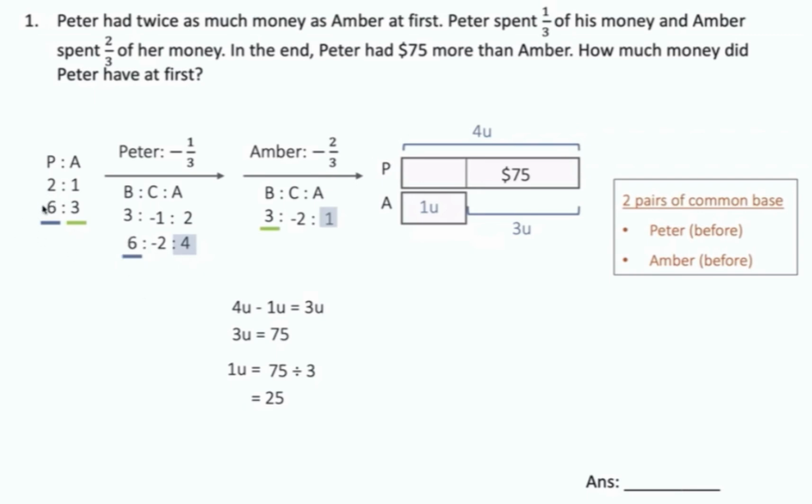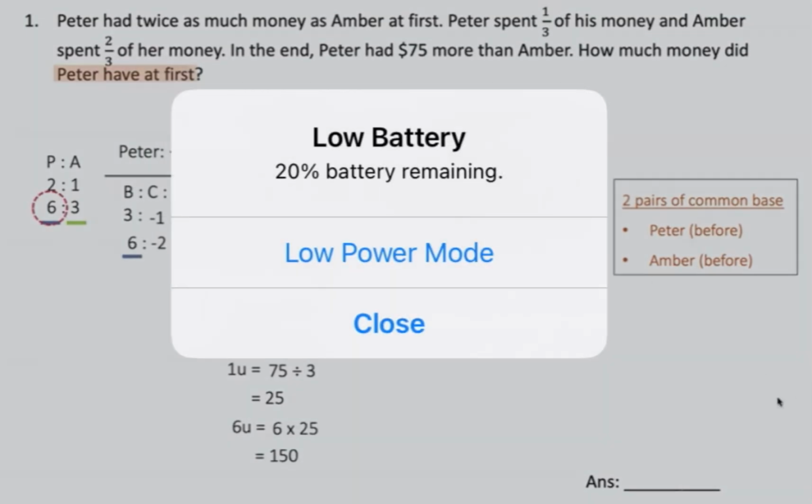The common mistake people make is they pick 2, so 2 times 25, wrong. Or they pick 3 times 25, also wrong. Use the numbers that you have achieved after doing common base. So it's 6 times 25. Answer is 150.